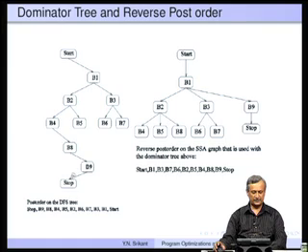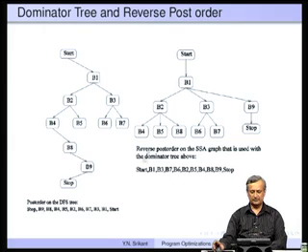So, this is the DFS tree, right. Now, do a post order on this DFS tree. So, we get stop, B9, B8, B4, B2, B6, B7, B3, B1 and start, right. Now, take the reverse of this. So, that gives you start, B1, B3, B7, B6, B2, B5, B4, B8, B9 and stop.